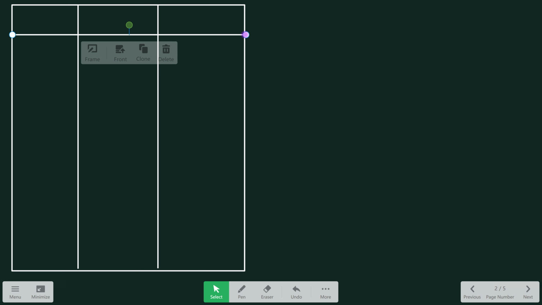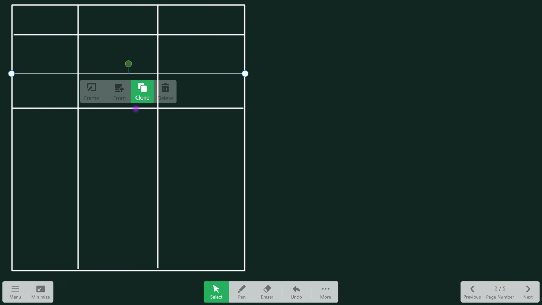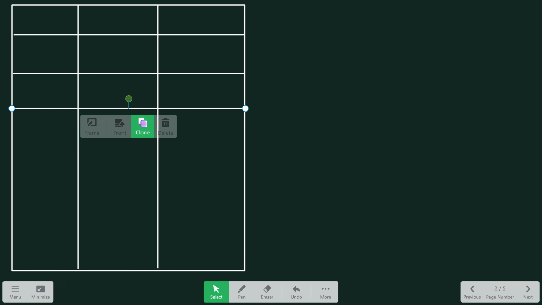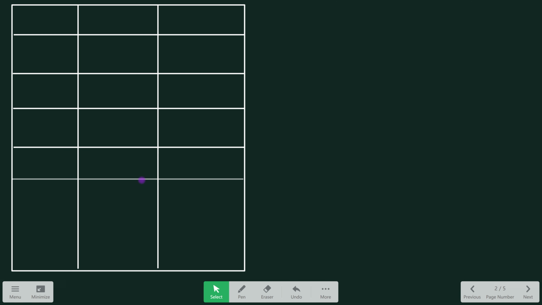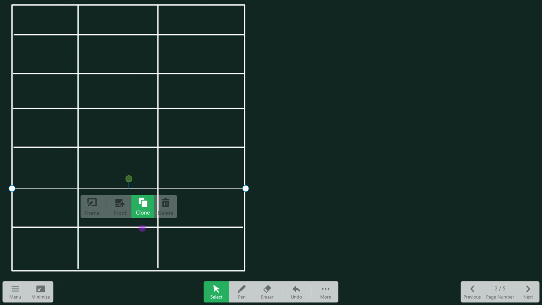Apart from this, how many rows are there? Six. One, two, three, four, five, six.